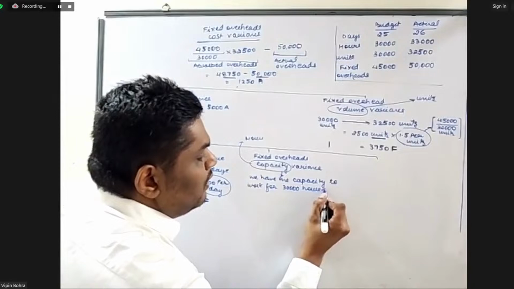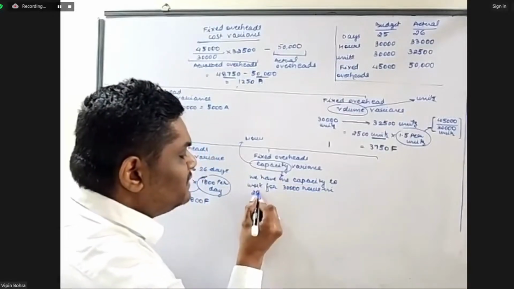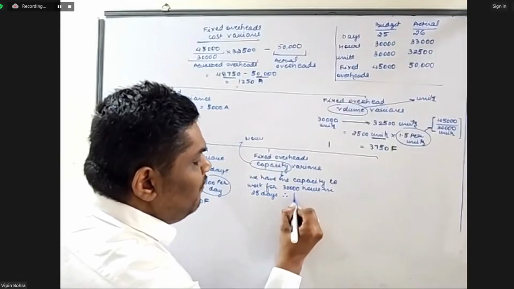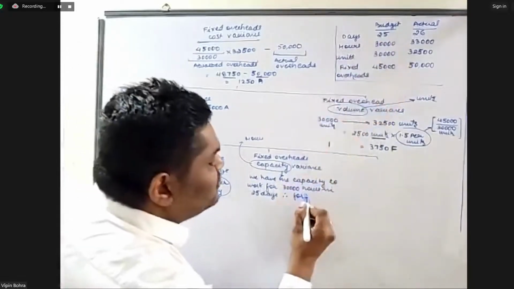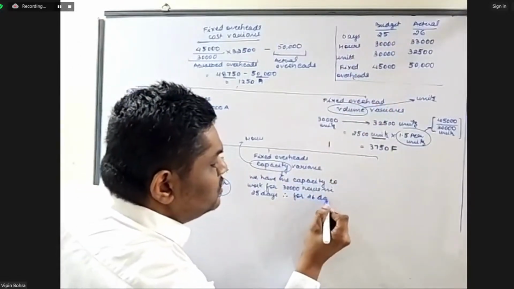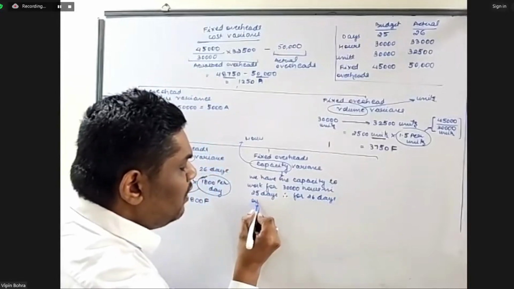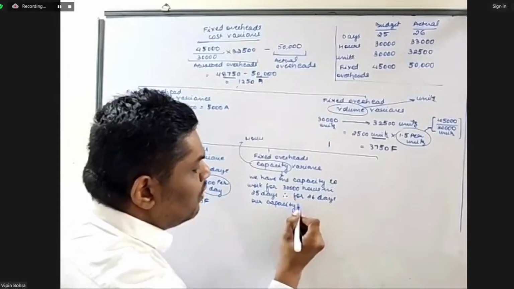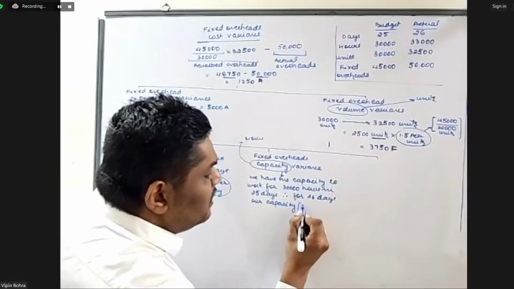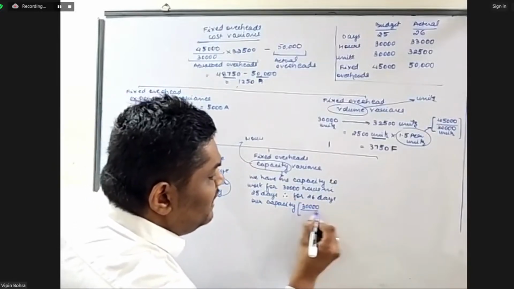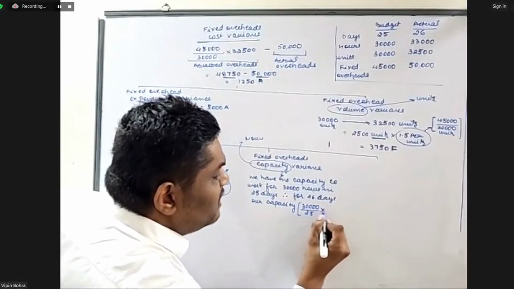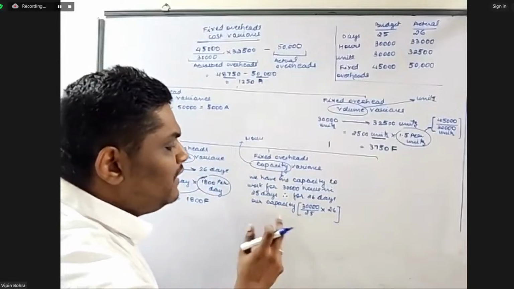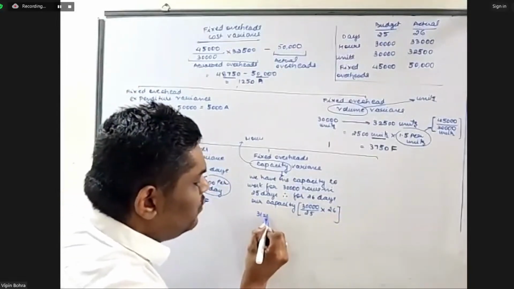Therefore, we can say for 26 days, actually we work for 26 days. So for 26 days, our capacity is how much? Our capacity is 30,000 hours हमारी काम करने की capacity है 25 days में. So for 26 days, our capacity is 31,200 hours.